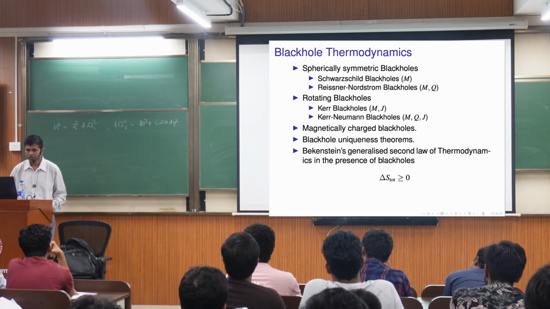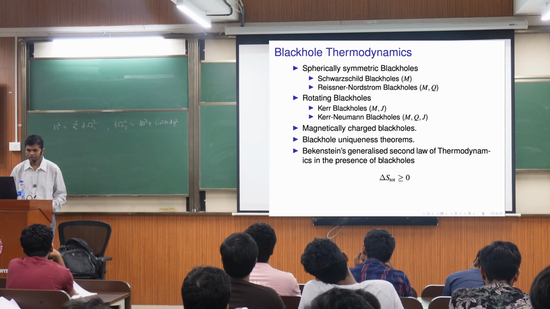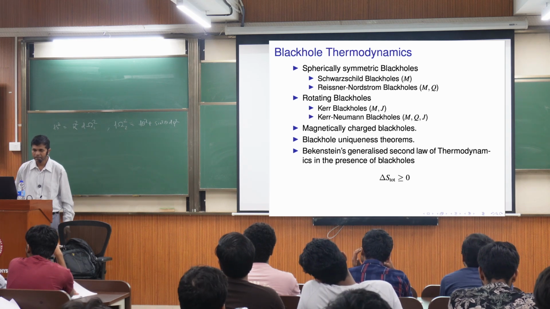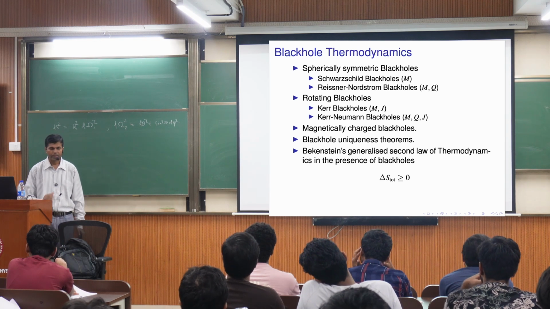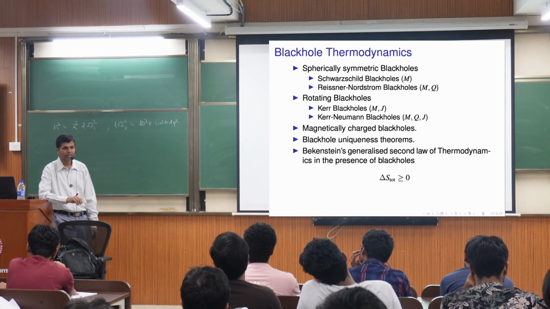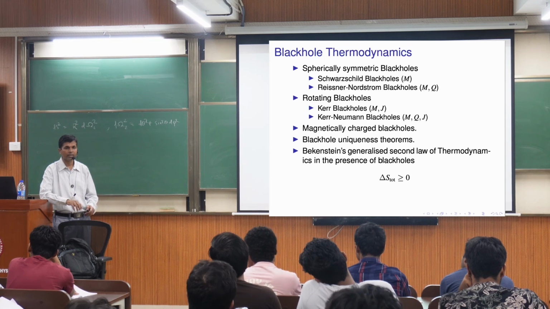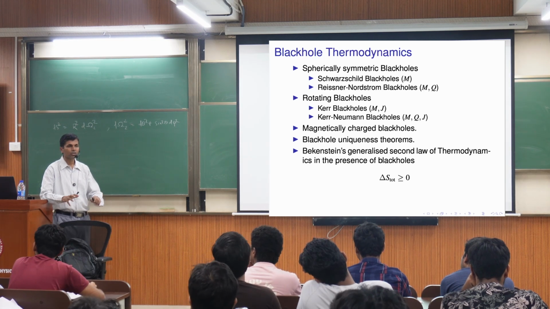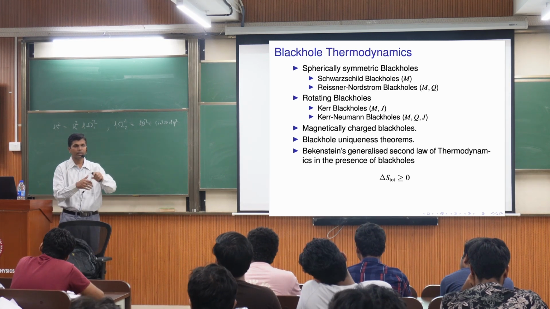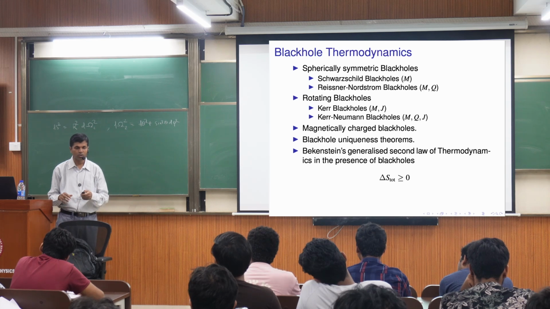But there is something very interesting which was raised by Bekenstein some time ago. He said that the existence of black holes will actually violate the second law of thermodynamics, because you can consider matter with large entropy and then you can throw it into the black hole.